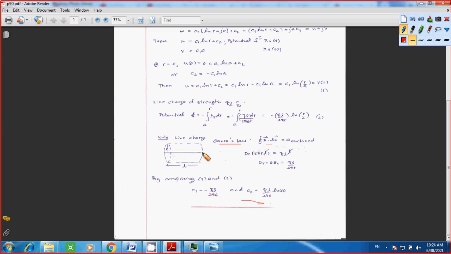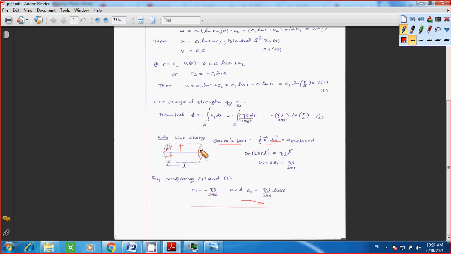That's going to be equal to Q enclosed, right? With D in the r direction and your dS the closed surface. Since D has only the r direction, the contribution from the lids of the cylinder is going to be 0.